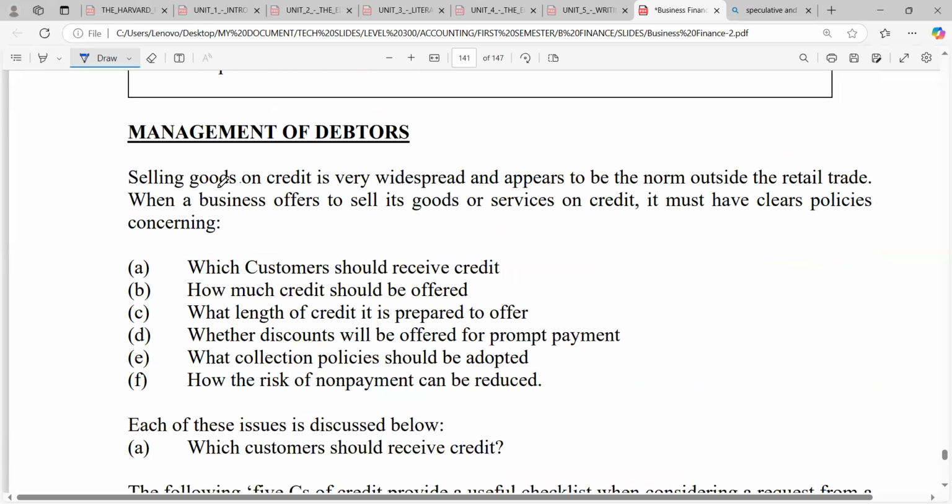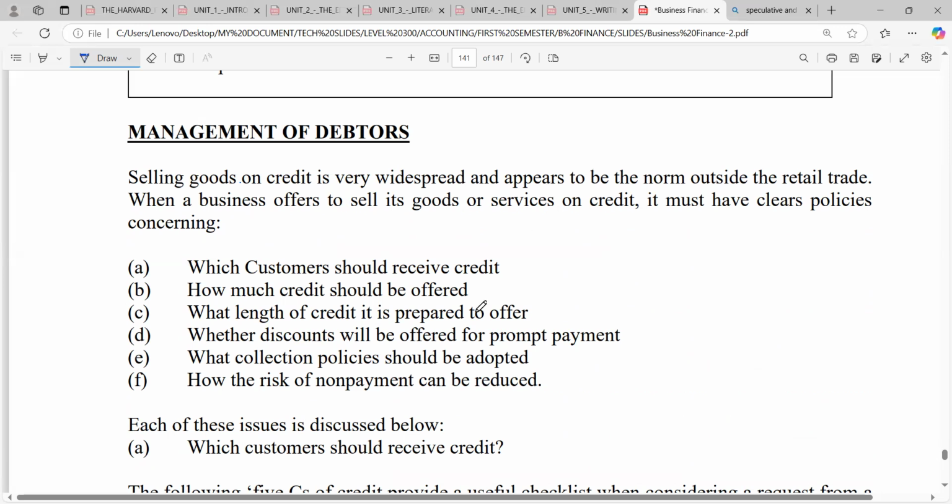Selling goods on credit is very widespread and appears to be the norm outside the retail sector. When a business offers to sell its goods or services on credit, it must have clear policies concerning which customers should receive the credit, how much credit should be offered, what length of credit it is prepared to offer, whether discounts will be offered for prompt payment, and then what collection policies should be adopted, how the risk of non-payment can be reduced.